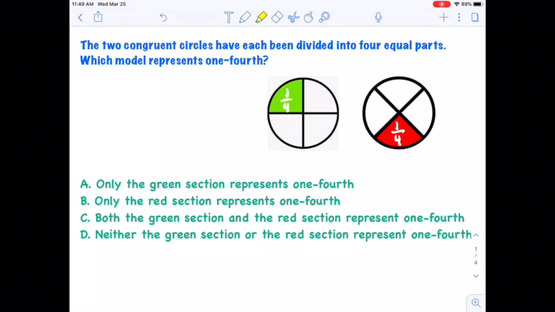So now let's look at our answer choices. In answer choice A, it says only the green section represents 1/4. Is that true? If only the green section represents 1/4, then that means the red one has to represent something besides 1/4. But that's not true.